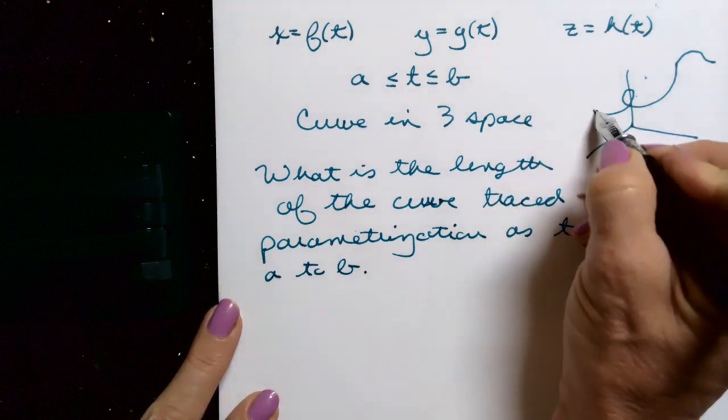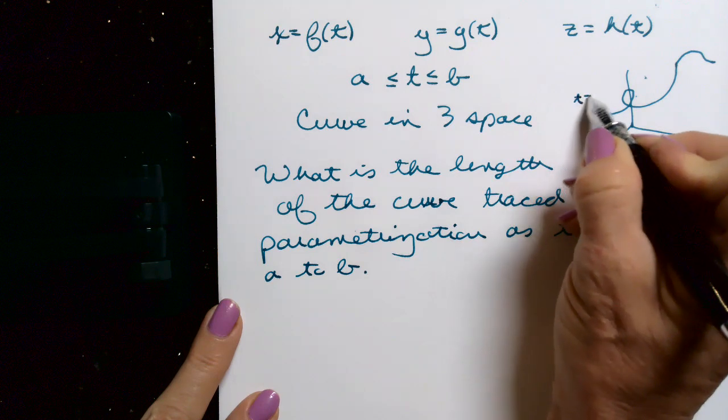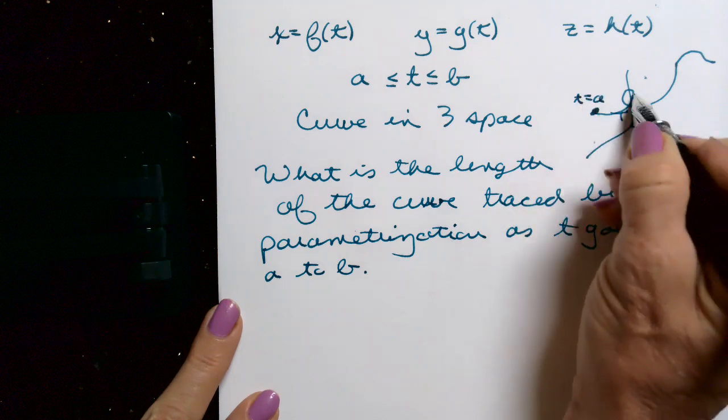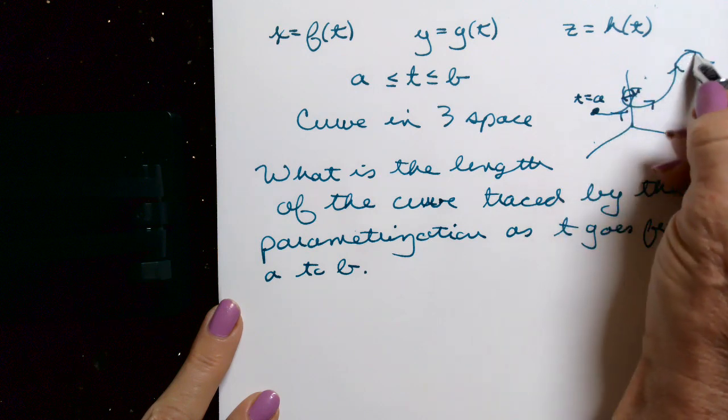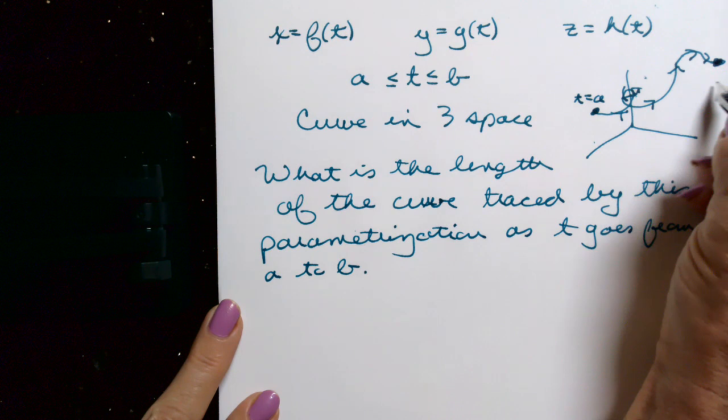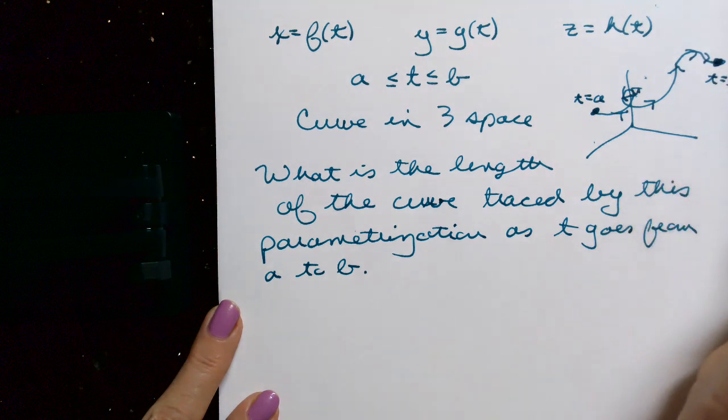So the parameterization, let's say t equals a starts at this point, and then the curve gets traced out as t moves along until you get to the point on the curve where t equals b.